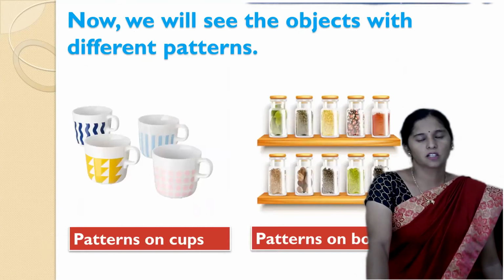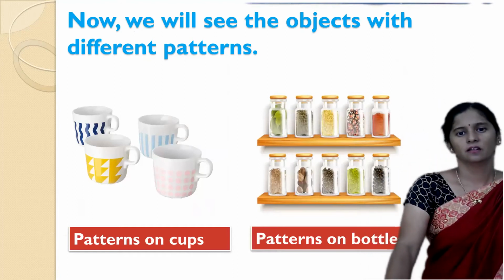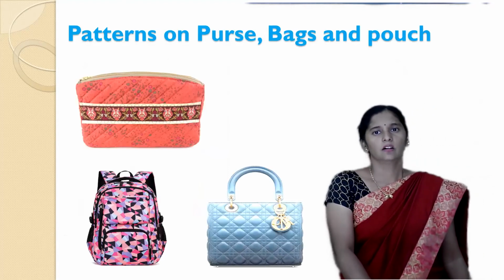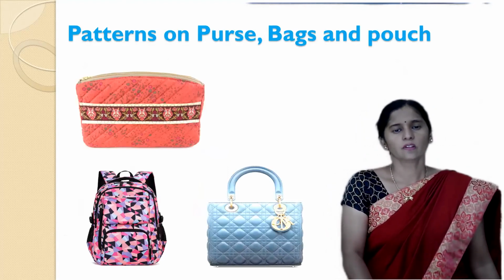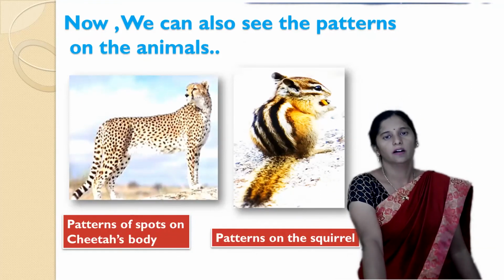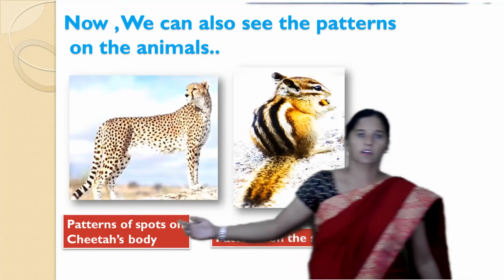We will see objects with different patterns here. The pattern on the cups, the patterns on the bottles. Next, patterns on purses, bags and pouches. Now let us see the patterns on animals also. The first picture is of the cheetah.